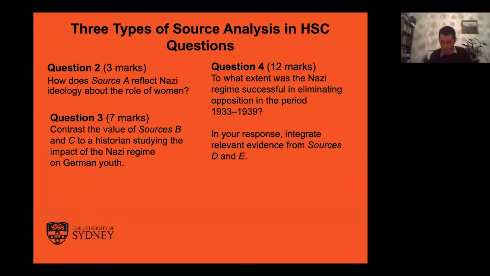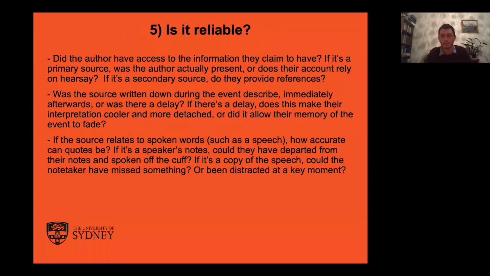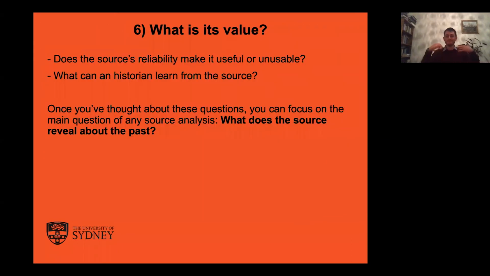Is that source useful for historians? What evidence does it provide for a wider argument for an extended response? If you can practice using this framework to analyze sources and then apply it to those 3 types of questions, then by the time you get into your HSC exams, those source questions will not be any problem to you. You'll be able to answer them really quickly.